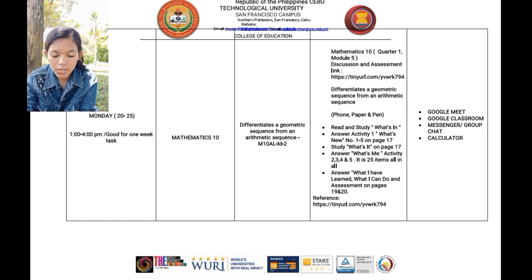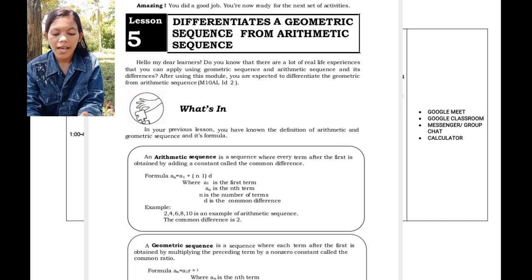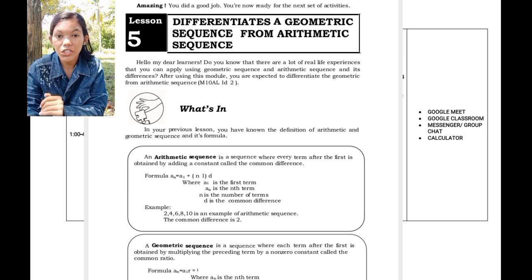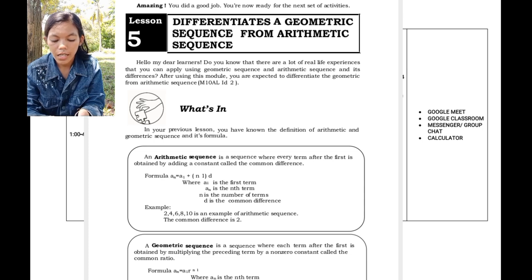So, arithmetic sequence. Ang ilang differences are, in your previous lessons, you have known the definition of arithmetic and geometric sequence, right? Bisan naghatag si Monica og definition, ako sa discuss elaborate diri. So an arithmetic sequence is every term after the first is obtained by adding a constant called common difference.